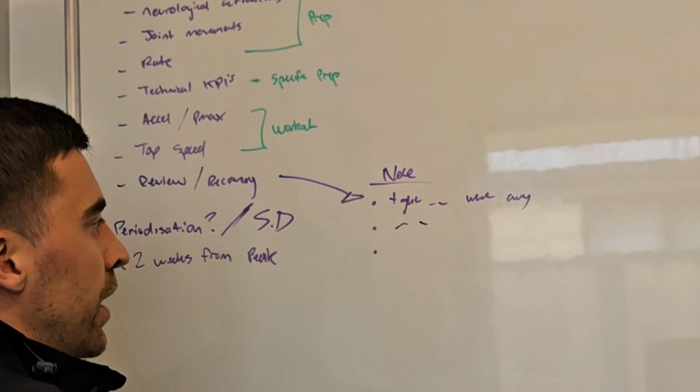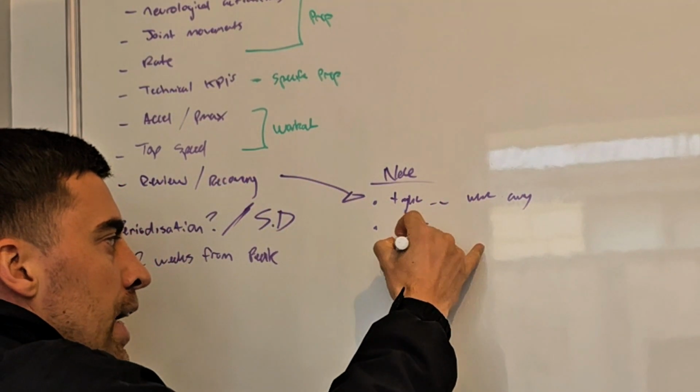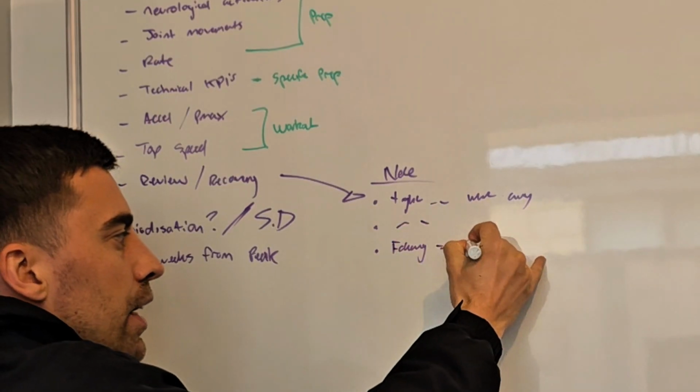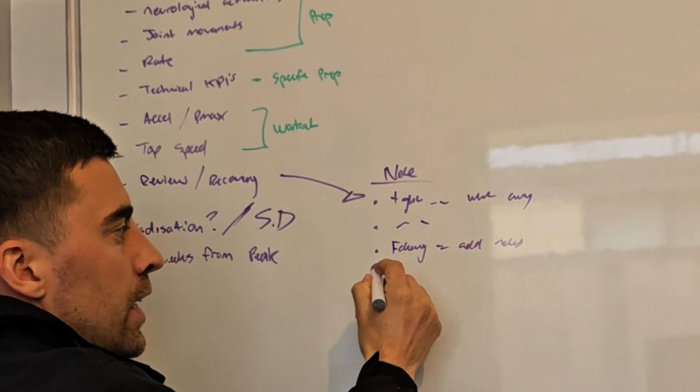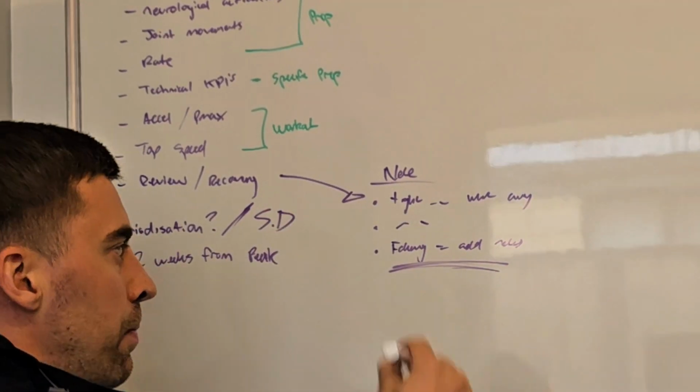And then I would add to this that night or the next morning as well. So the following days, I would add notes as well. Then, most importantly, taking all this feedback and then making adjustments.